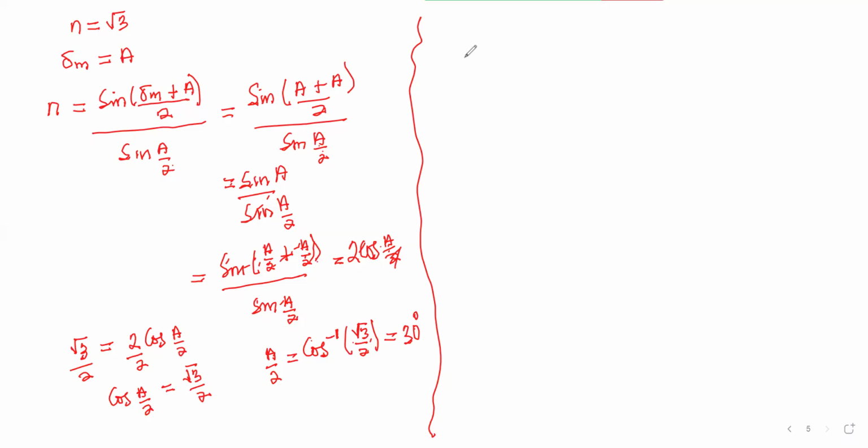So that A over 2, which is equal to 30, A would be equal to 2 times 30, which is 60 degrees. So this is the refraction angle of the prism. Let me see by hands those of you who got this right. If you got 60 degrees, let me see you.